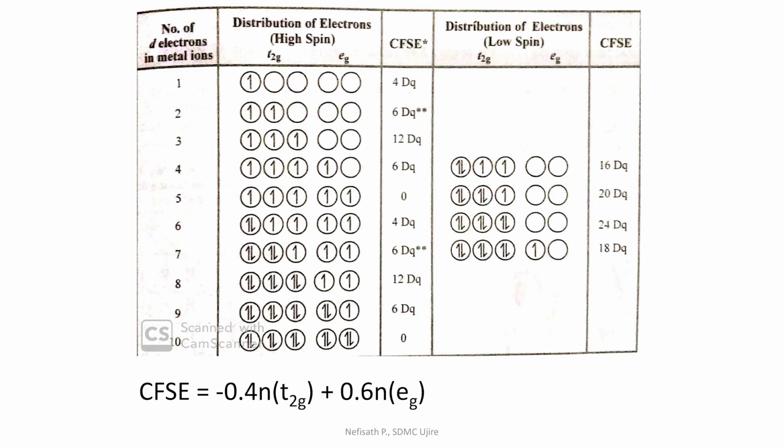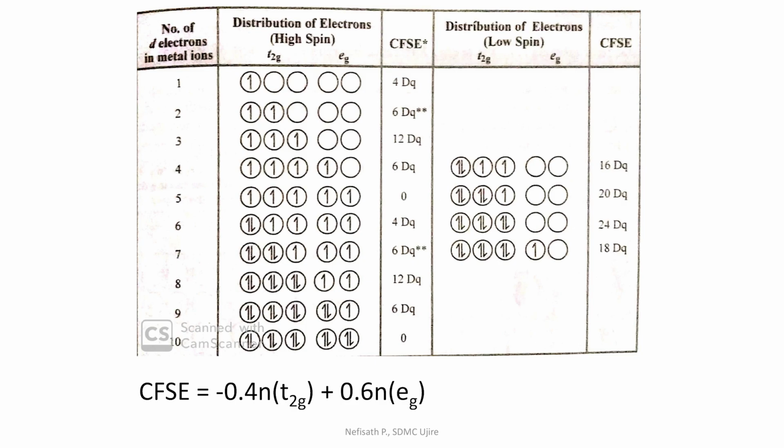Let us see why the high spin condition is observed. In the high spin condition, the crystal field splitting energy is less than the pairing energy. So, the electrons, rather than getting paired up in the lower energy t2g level, prefer to move on to the higher energy eg level, because the crystal field splitting energy, the gap between t2g and eg, is very much less now, and hence the fourth electron is getting into the higher energy eg level.